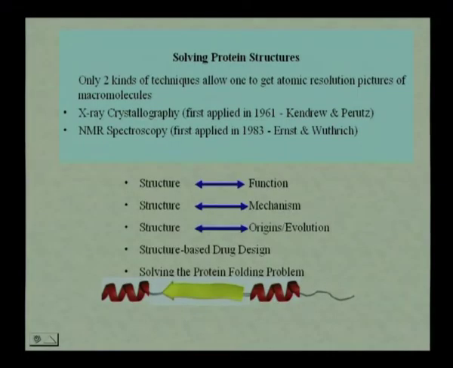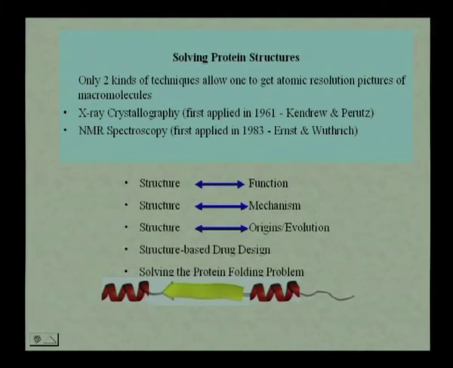So, if we want to look at how to get a protein structure, there are actually only two kinds of techniques that are available to get atomic resolution pictures, because you want to know exactly where the atoms are which are going to tell you what your protein looks like. Okay, and you understand that it is an extremely large system, so it is a macromolecule. So, it is very difficult to pinpoint where the atoms are if you were to take a snapshot of it.